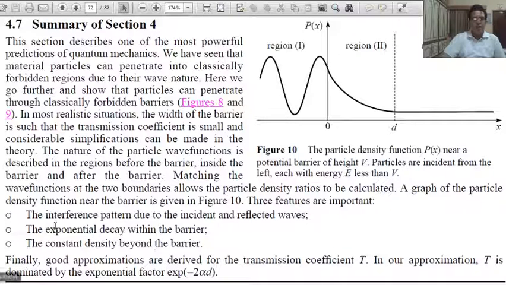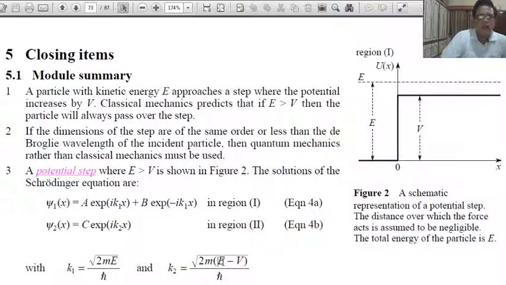Exponential decay within the barrier. Constant density beyond the barrier. Good approximations are derived for the transmission. In our approximation, T is dominated by the exponential factor e to the minus 2 alpha d.